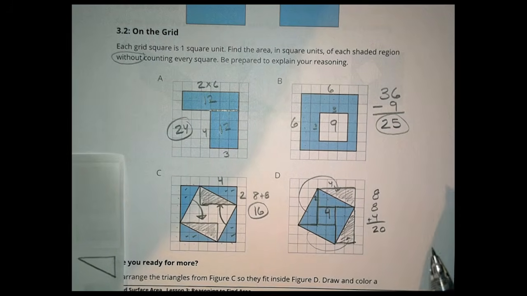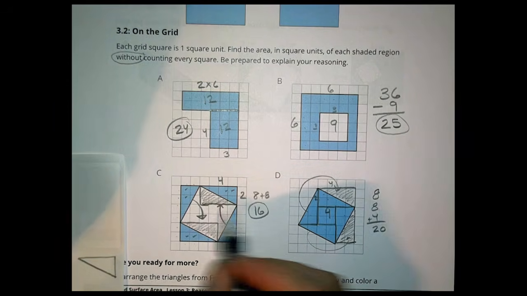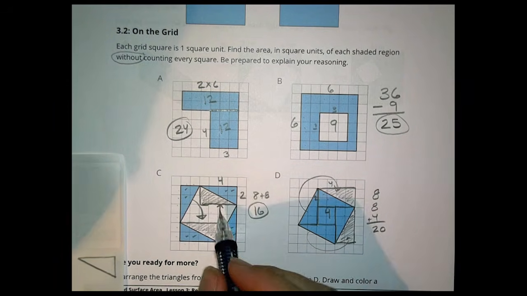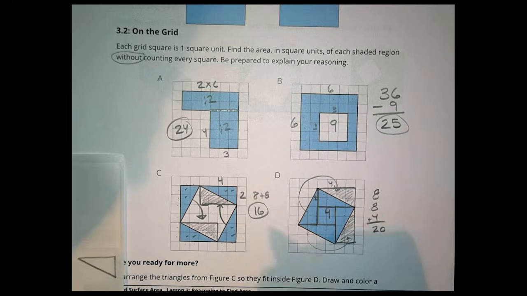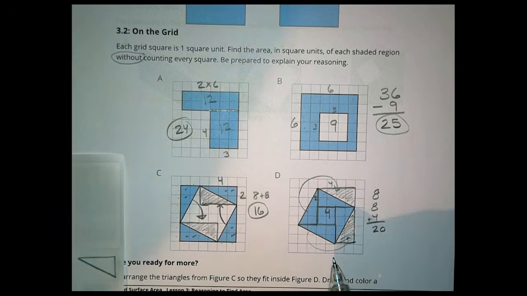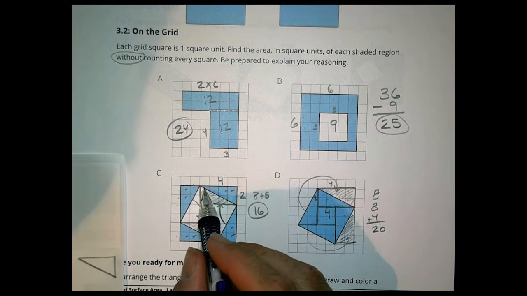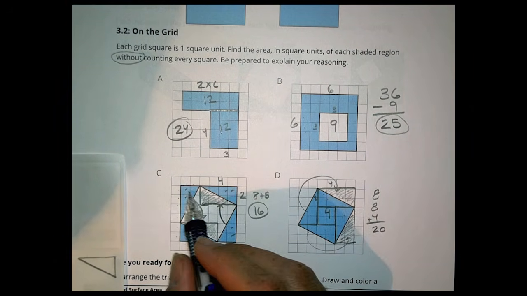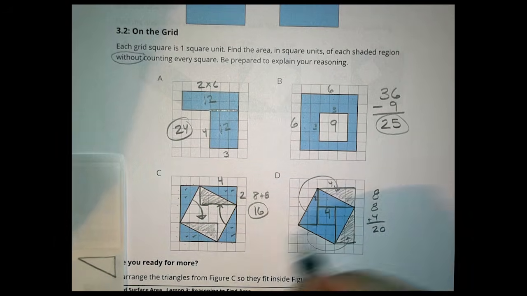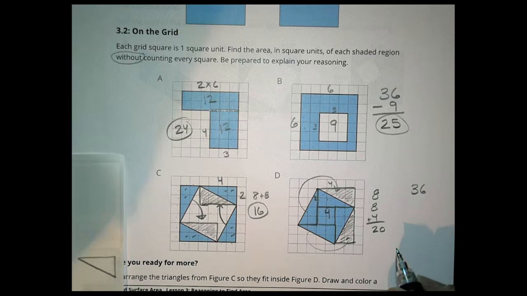The other way I could solve it would be to look back over here and recognize that what I'm dealing with is this space. I knew that the blue that's shown there is 16, and that white space is the same as this blue space here. Well, this has a length of 1, 2, 3, 4, 5, 6 by 6. So the square that goes around there is actually 36 units.